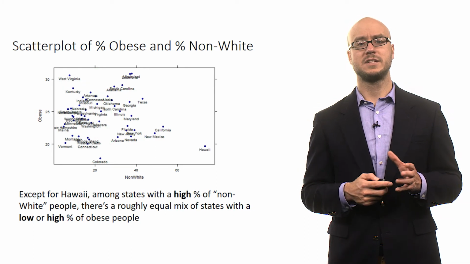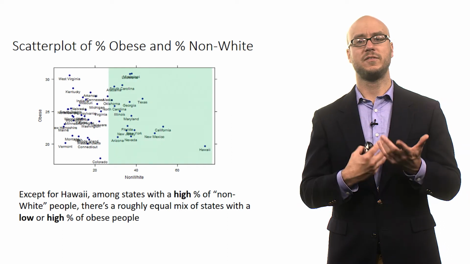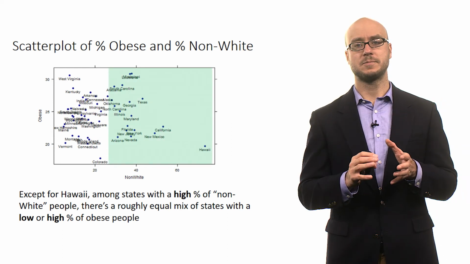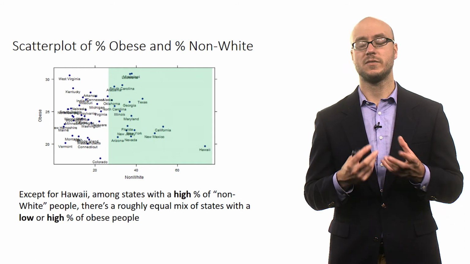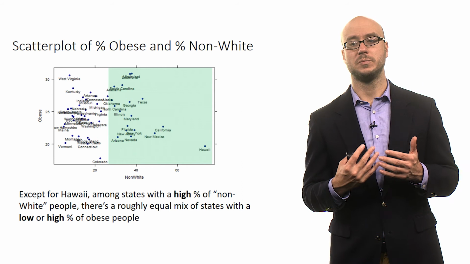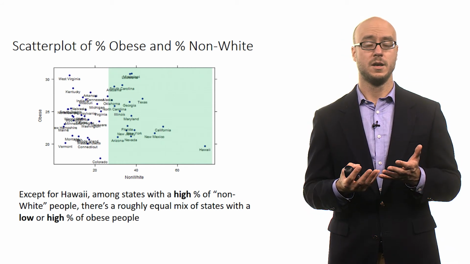And then if we look at states with a high percentage of non-white people, we can say that there's roughly an equal mix. The one exception, or the one outlier in this case, is Hawaii, which is in some sense an outlier in terms of this variable because a lot of people in Hawaii identify as Hawaiian.